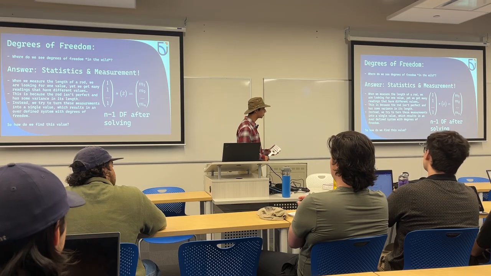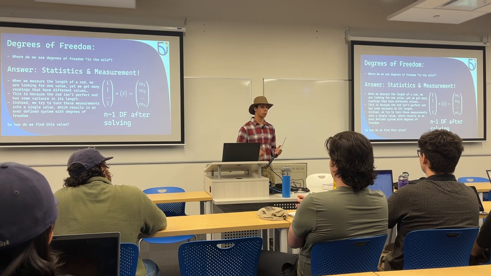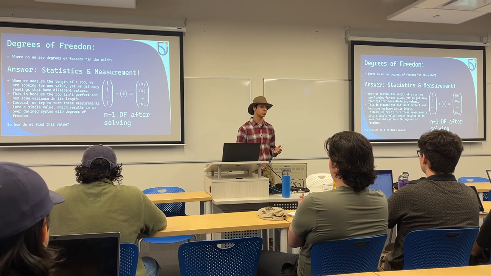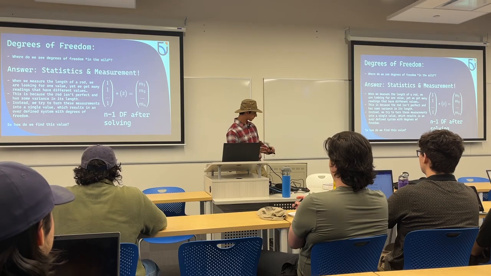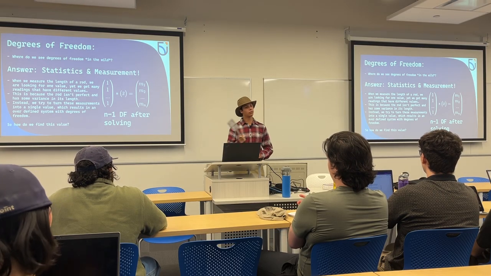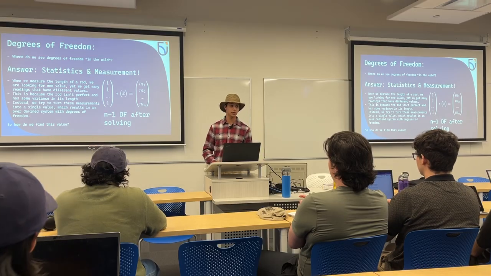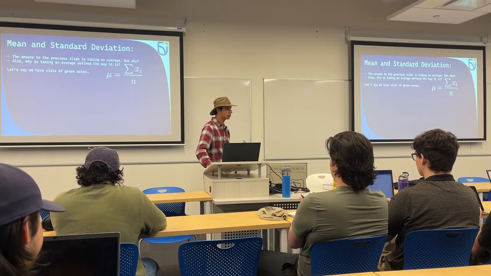But what are we actually doing with this? Well, you can view it as a system of equations, but you're solving for one value with however many measurements you've taken. So for n measurements, you're going to have n minus 1 degrees of freedom following solving for this value. Now, what are we actually doing when taking the measurement?